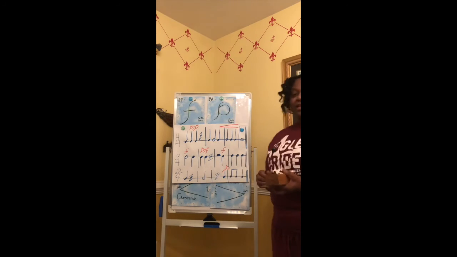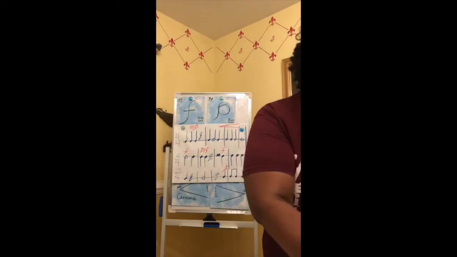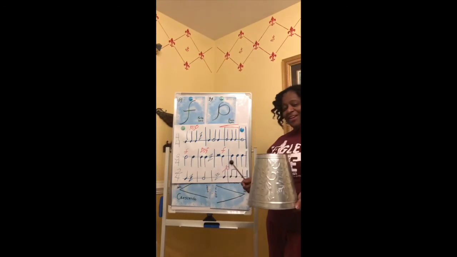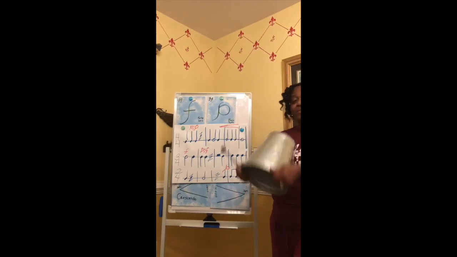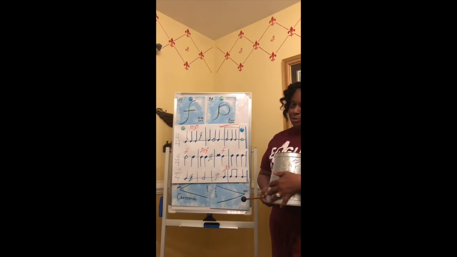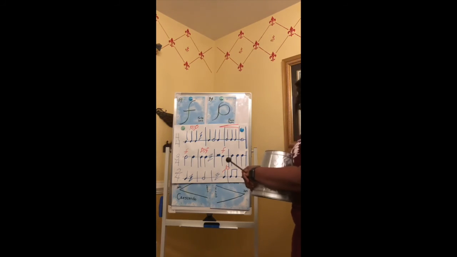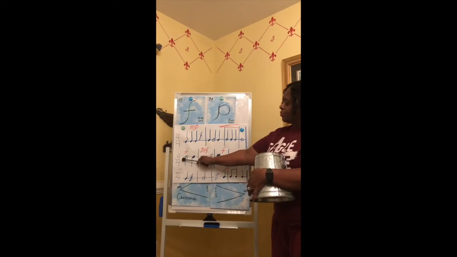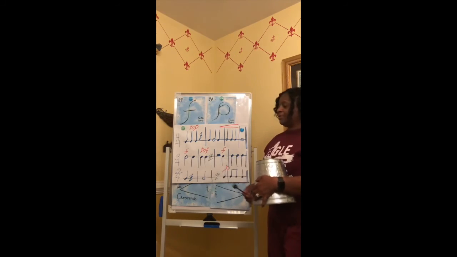Let's play the second line. I'm going to change instruments and play my homemade drum, which is actually a little garbage can. Now, whatever you find to use, make sure it's parent approved. All right? Don't want anybody mad at you. All right, here we go. We're going to read line number 2, and it's in 3/4.